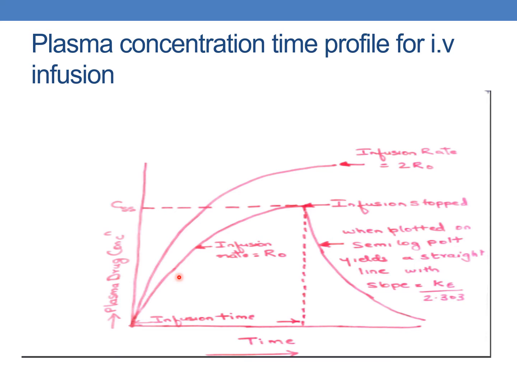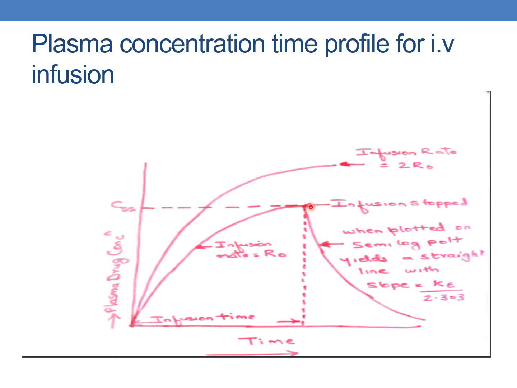Gradually, as time passes, the amount of the drug in the body rises and it reaches a certain point at which the rate of elimination is equal to the rate of infusion, and this point is called infusion equilibrium, and the concentration at which this point is reached is called steady state concentration.